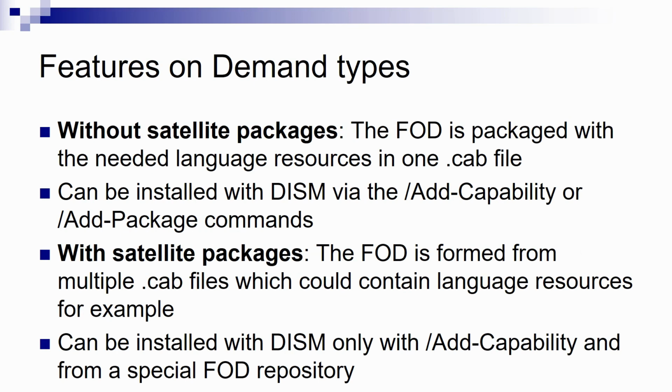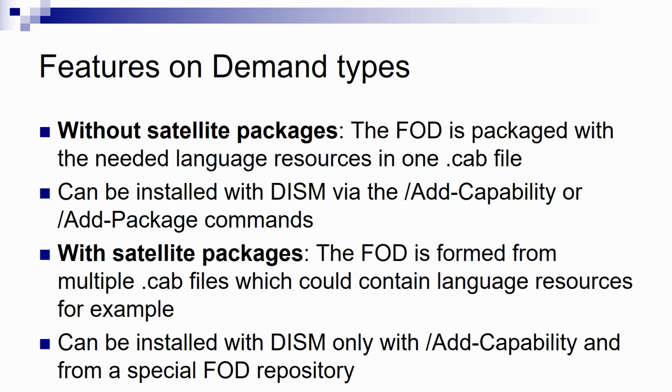There are two types of features on demand. First, features on demand without satellite packages, which basically means it's a FOD that is represented by a single cab file, which includes all language resources in it. These features on demand can be added either with the add capability command or with the add package command.